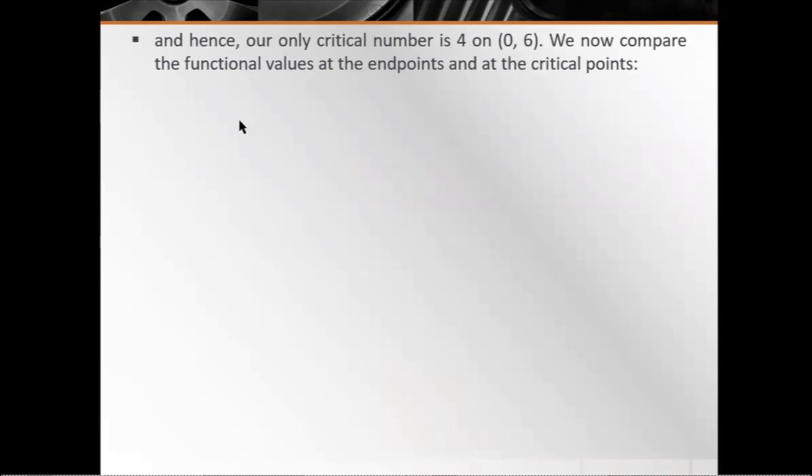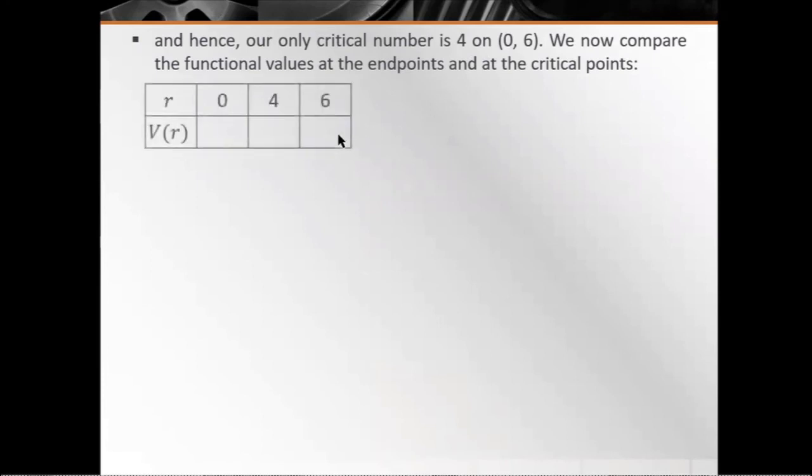We now compare the functional values at the endpoints and the critical points. So we have the table for r, ang ating domain 0 to 6, at ang kailangan natin ay V of r. So solve natin individually. Let's start with V of 0.